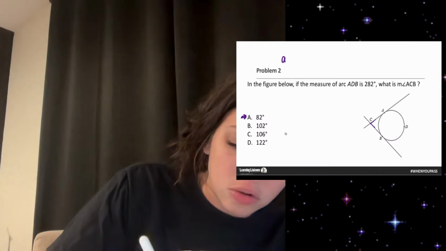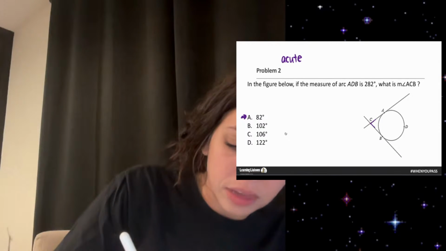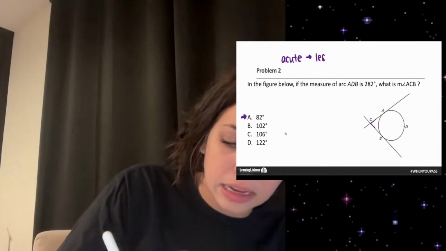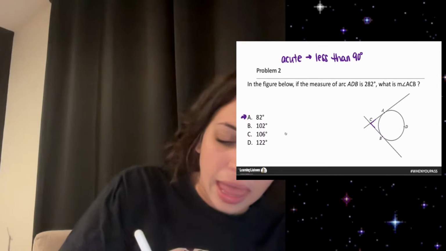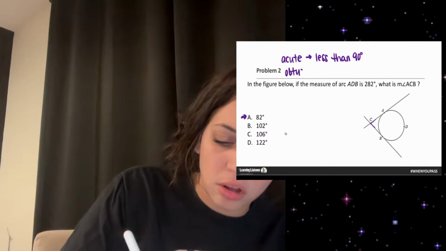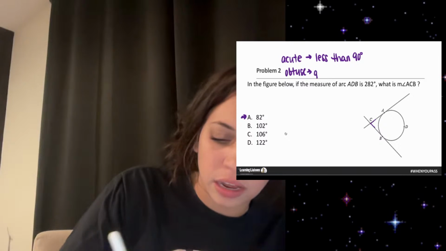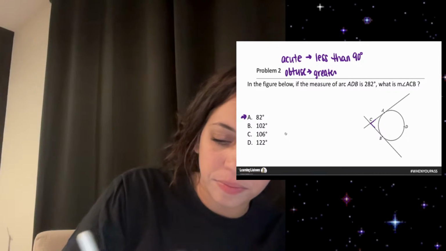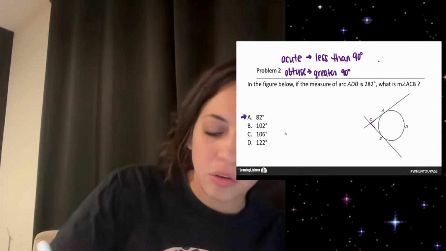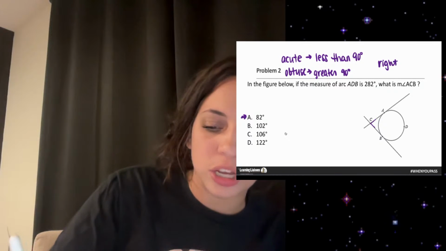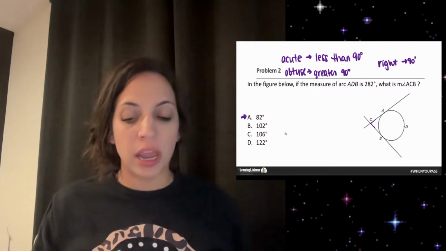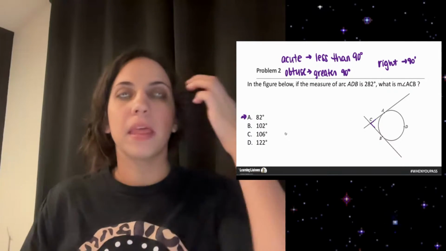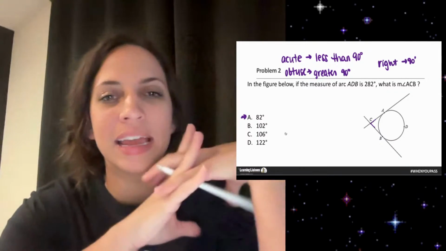Because an acute angle is less than 90 degrees. An obtuse angle is greater than 90 degrees. And a right angle is 90 degrees, which is the corner of your paper, the corner of something. It's the 90-degree angle. However, I've said it once and I'll say it again.